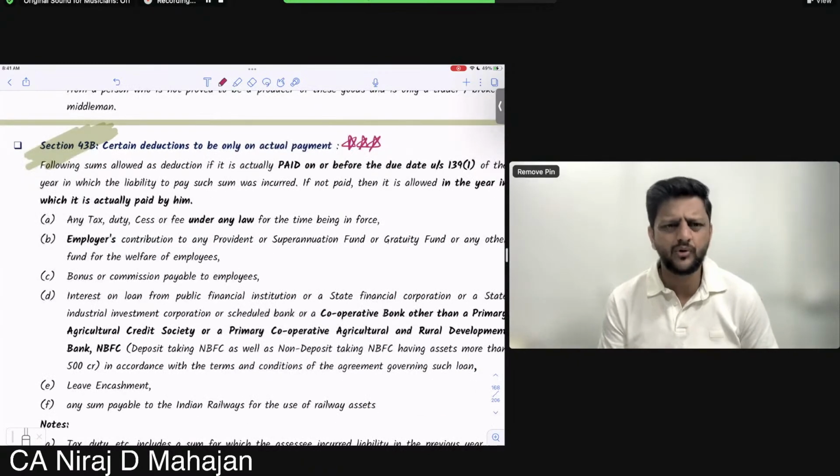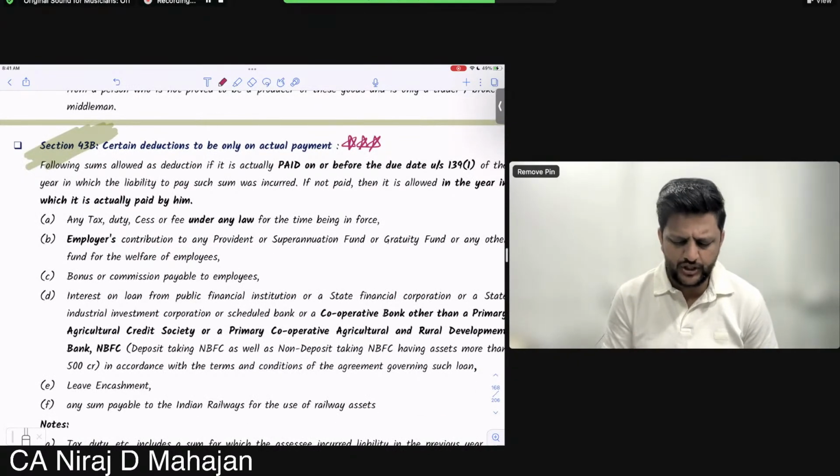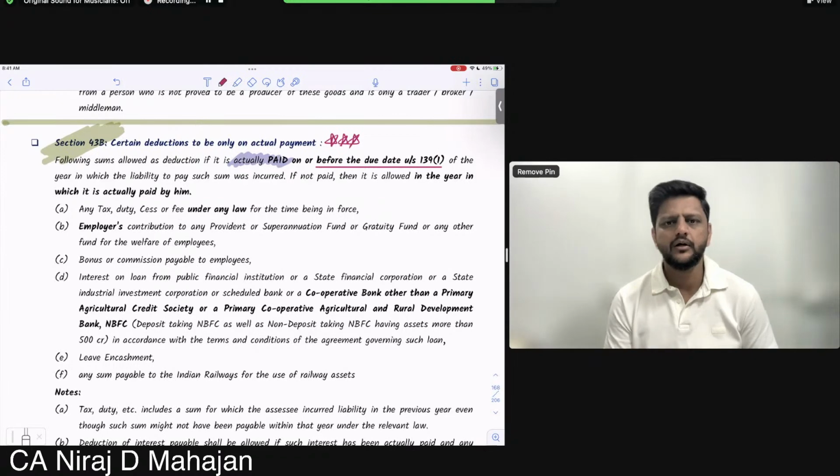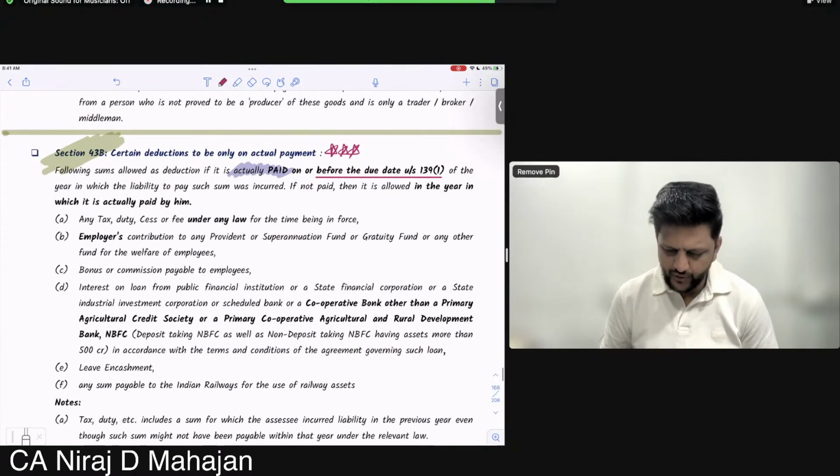So check. The following amounts are allowed as deduction if they are actually paid. But actually paid by when? On or before the 139(1) due date. Now what is 139, bachcho? You can write it down there or here anywhere.